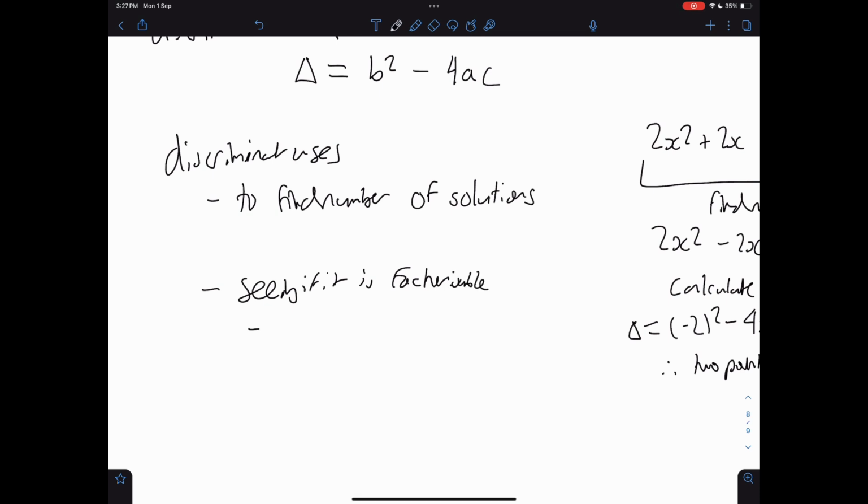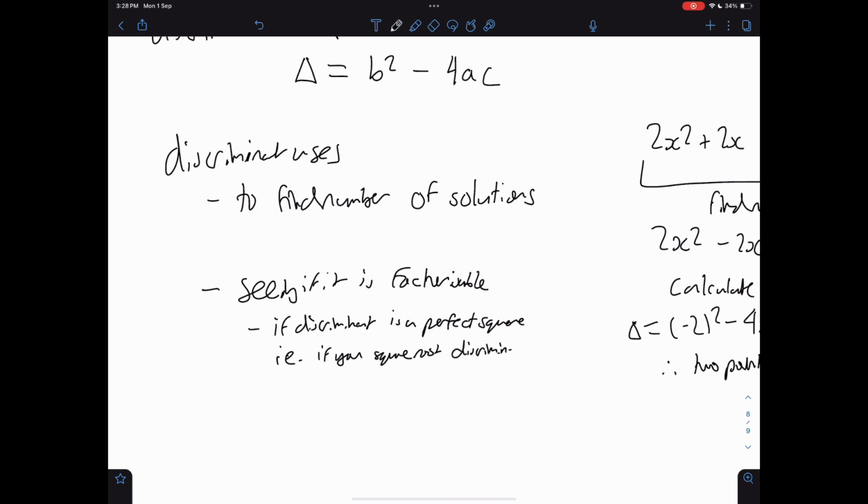A quadratic will be factorizable if the discriminant is a perfect square, i.e. if you square root the discriminant, you get a rational number.